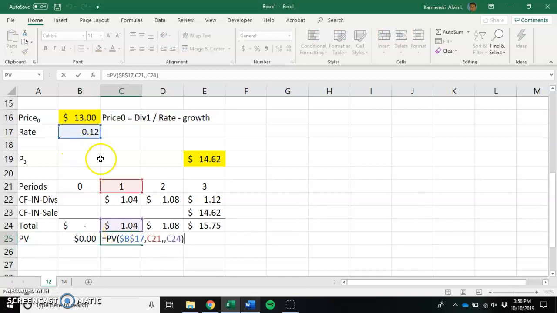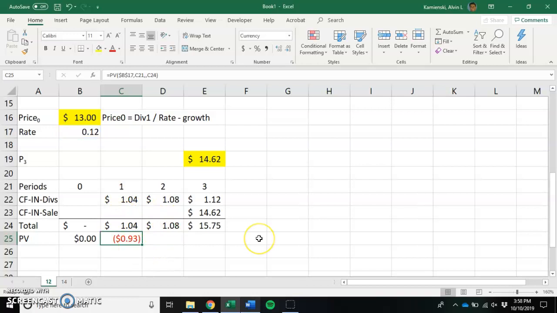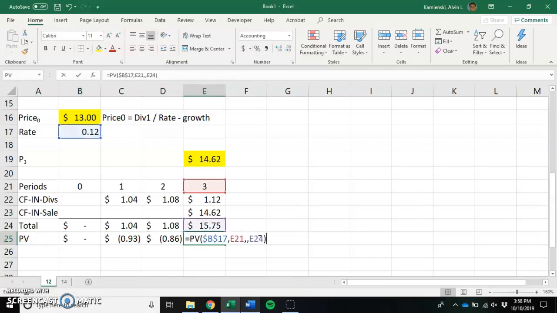At a rate of 12%, 1 period away, if you receive just the dividend of $1.04, because you're not selling yet, you'd be willing to pay 93 cents, and so on, copying and pasting until in the end we see the present value at a rate of 12%, 3 years out from now. We're discounting the total amount of the cash flows, where the total is equal to both the cash flows from dividends as well as the cash flows in from the sale.